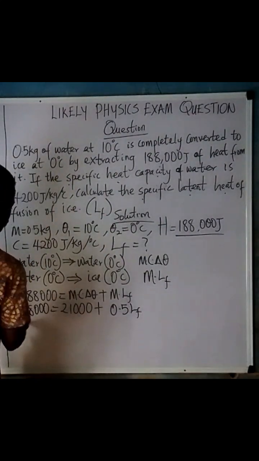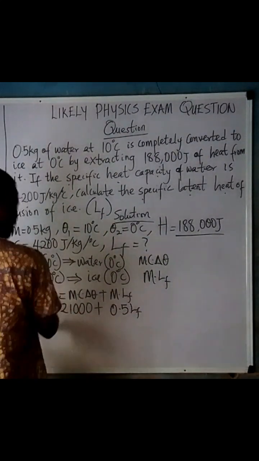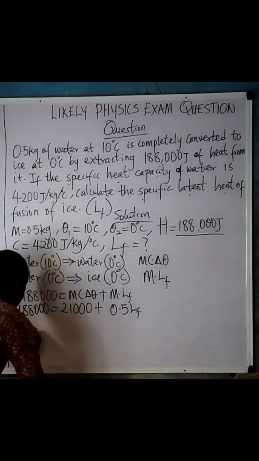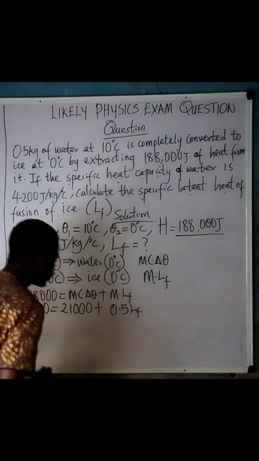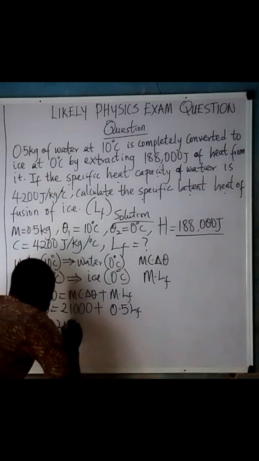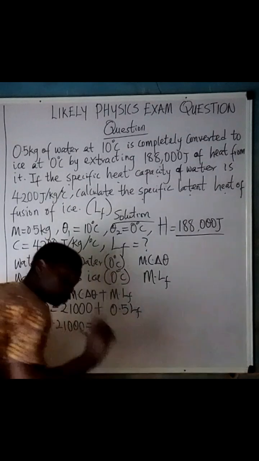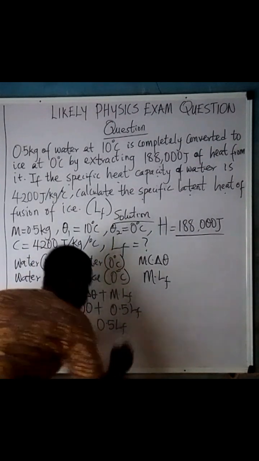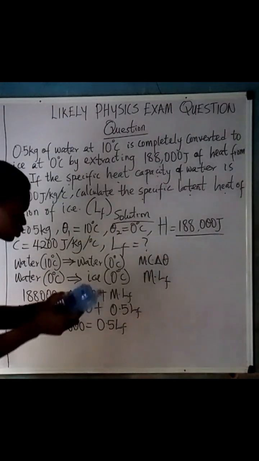So we say 188,000 minus what? 21,000. Let me quickly write that out. It will now be this minus 21,000 equals what? What will be left? 0.5 L subscript F.